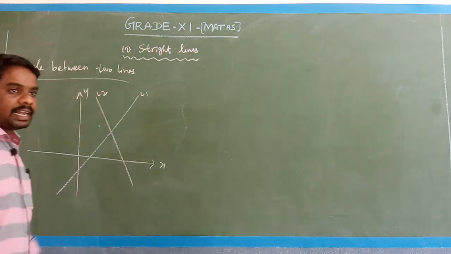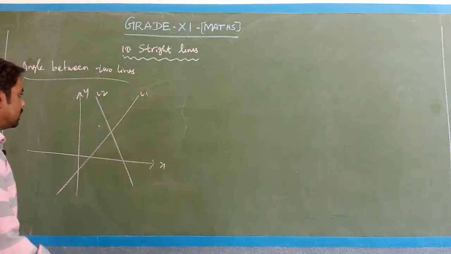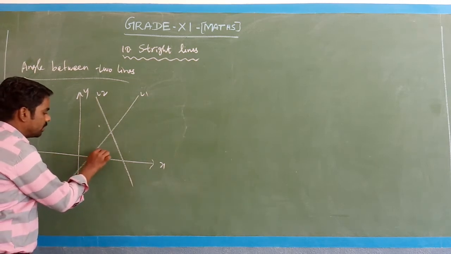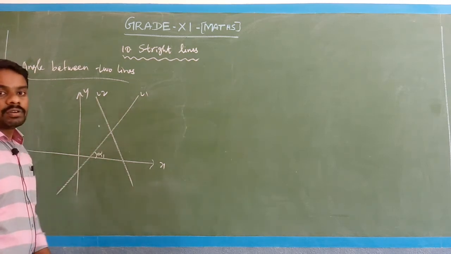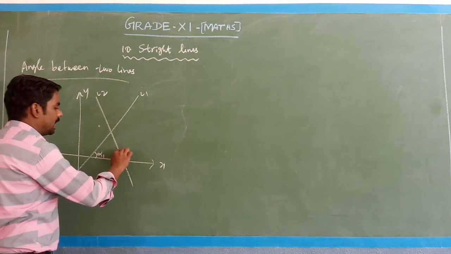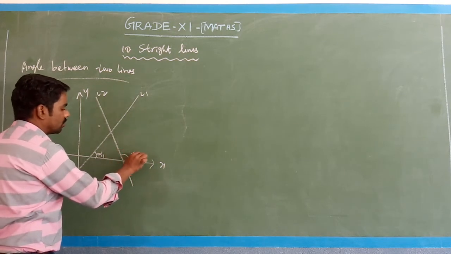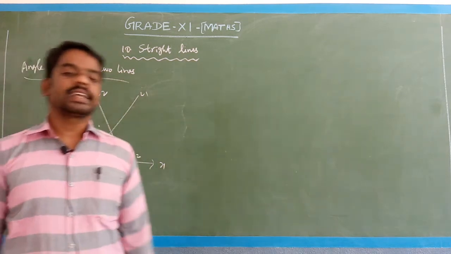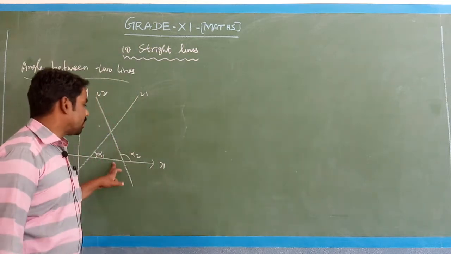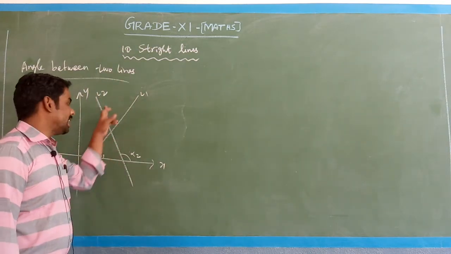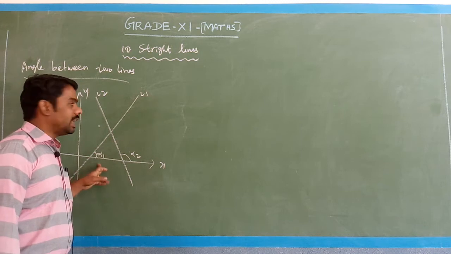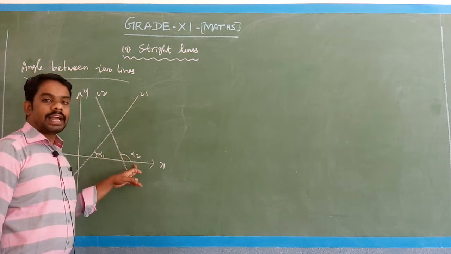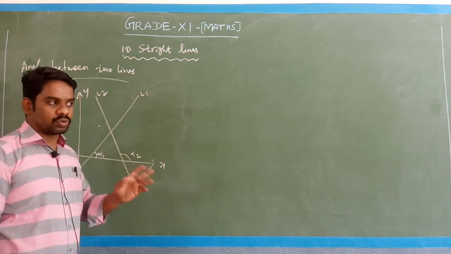The angle of inclination of line L1 with the x axis is alpha 1, and of line L2 is alpha 2, taking the angle of inclination with the x axis in the positive direction.